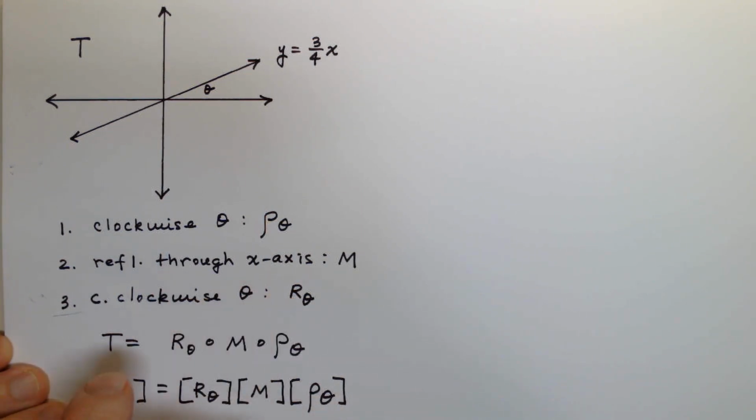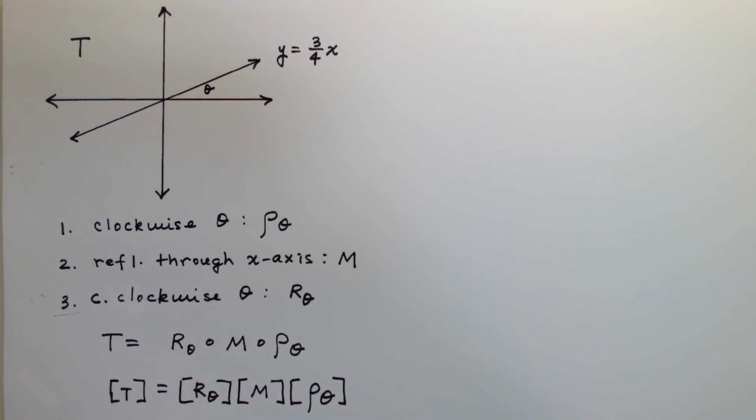All right. So the claim is that T can be effected by first doing rho of theta and then composing that with a reflection and then composing that with another rotation. So we'll have a clockwise rotation, a reflection through the x-axis, and then a counterclockwise rotation.